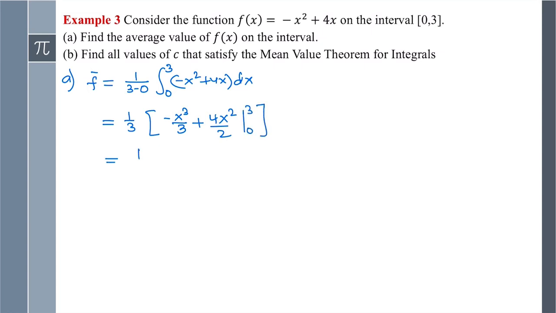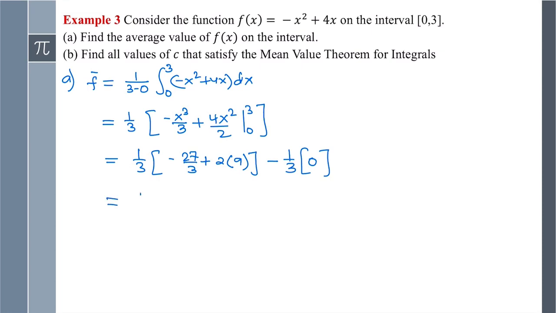When we plug in 3, 3 cubed is 27, so we have negative 27 over 3 plus 4 over 2, which is 2, times 9, minus, when we plug in 0, we just get 0.